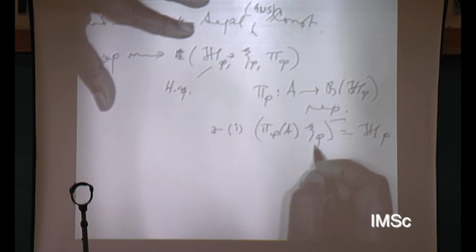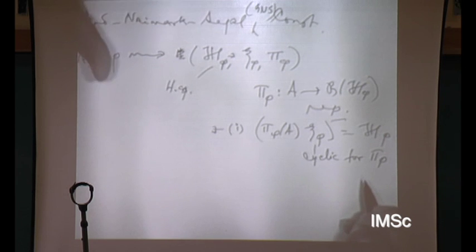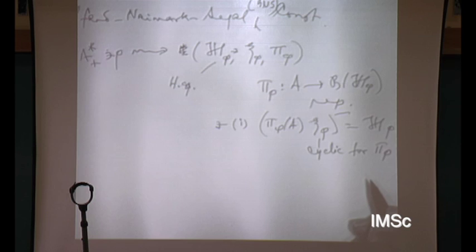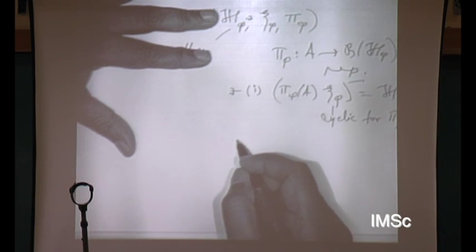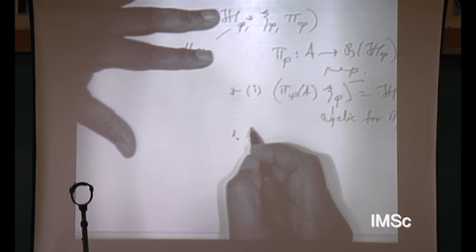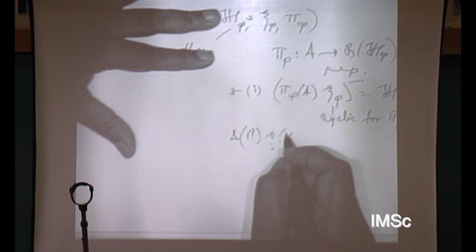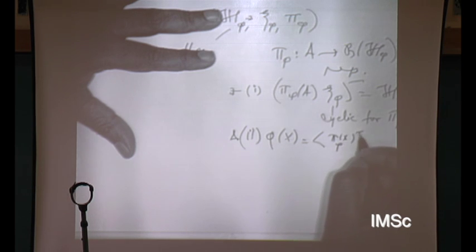That means that psi phi is a cyclic vector for the representation pi phi. The cyclic vector means when you move it around by the algebra, you get all of the Hilbert space, and more importantly, you can recover the initial functional phi from the representation of this vector by the equation phi(x) equals the inner product of pi phi(x) psi phi with psi phi.